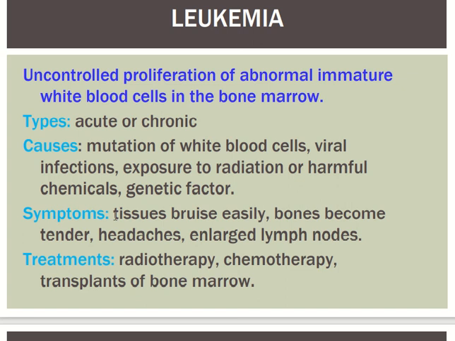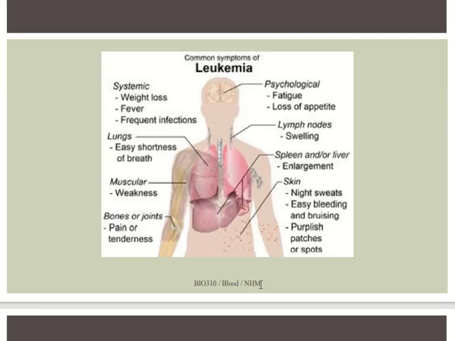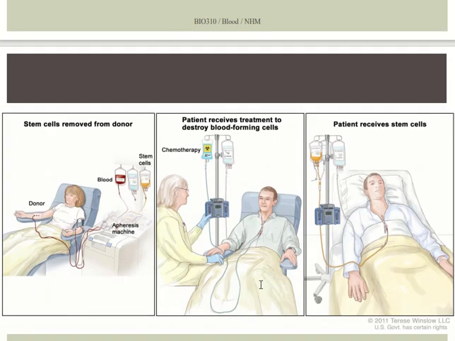Symptoms for a leukemia patient are that the tissue bruises very easily, the bones become very tender and fragile, and they always have a headache because not enough oxygen carried by the red blood cells goes to the brain, and enlarged lymph nodes, because the lymph nodes are where the white blood cells are stored. The treatment is usually radiotherapy, chemotherapy, and also bone marrow transplant. This is how it looks for leukemia patients.